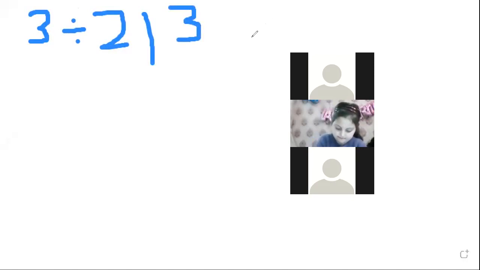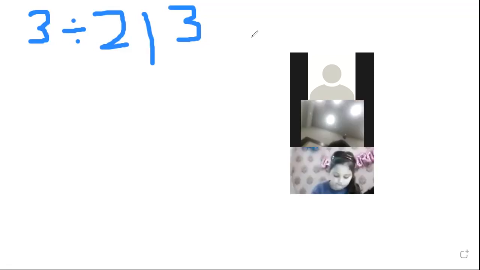Abida. How many times 3 is 21? Does 21 come in the table of 3? Yes or no? Okay, find it. How many times 3 is 21?